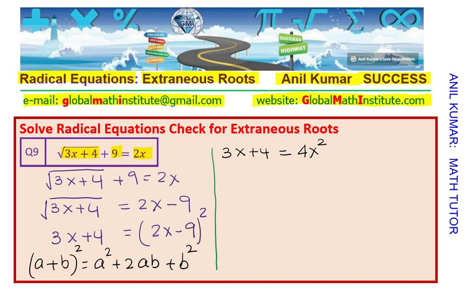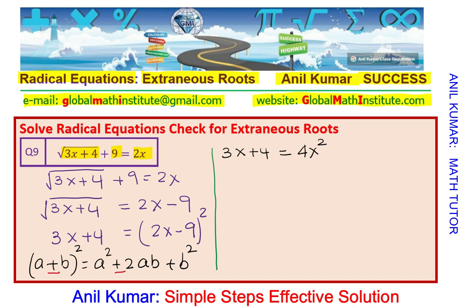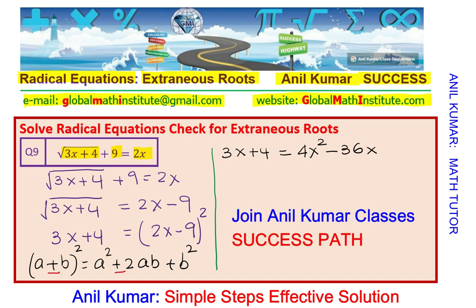Since it is minus in between, it will be minus 2ab, right? So in that case, we have here 4x squared. 2 times 2 is 4, 4 times 9 is 36. So minus 36x and square of 9, which is 81.